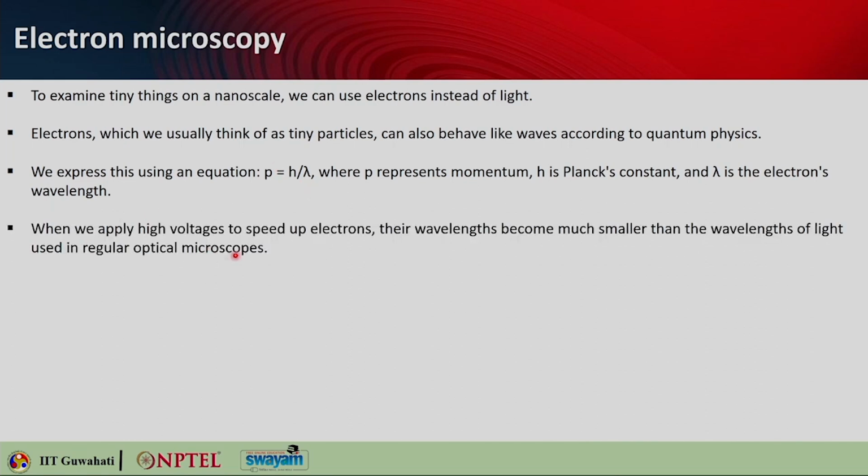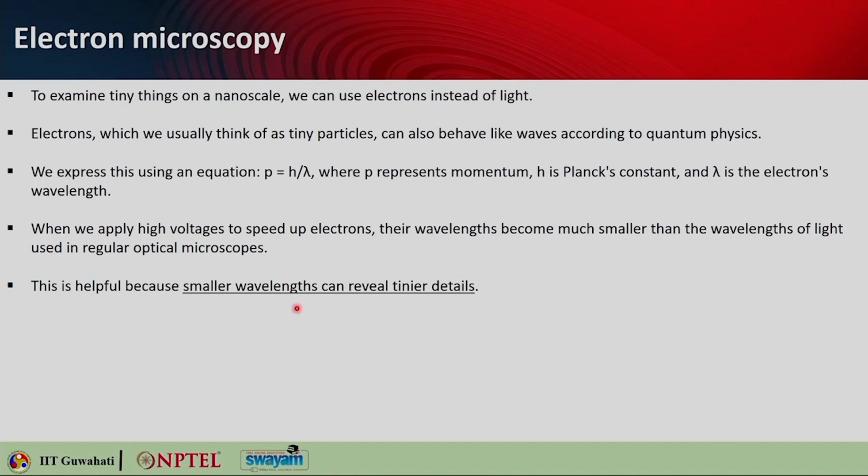And when we use high voltage to speed up electrons, their energy, or momentum, increases. So, their wavelength becomes much smaller as compared to the wavelength of light used in regular optical microscopes. So, electron microscopy thus helps us look at very tiny details, because of their smaller wavelengths.